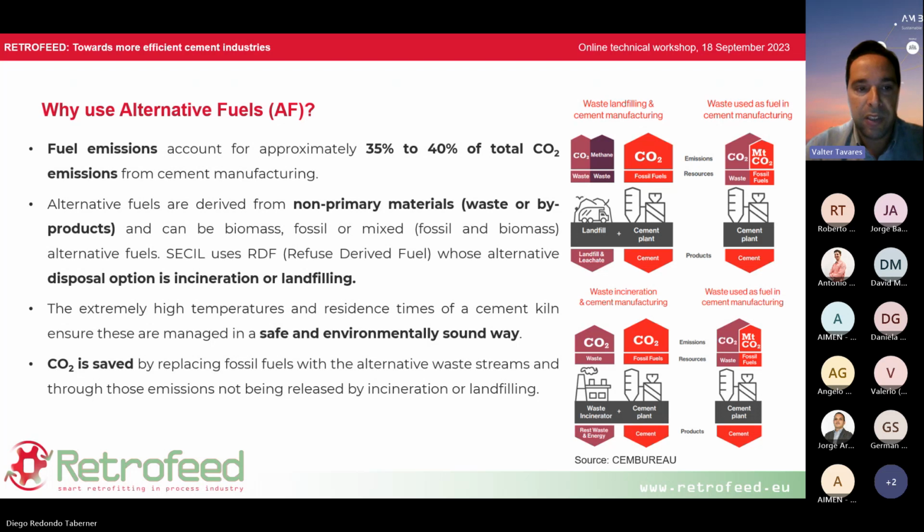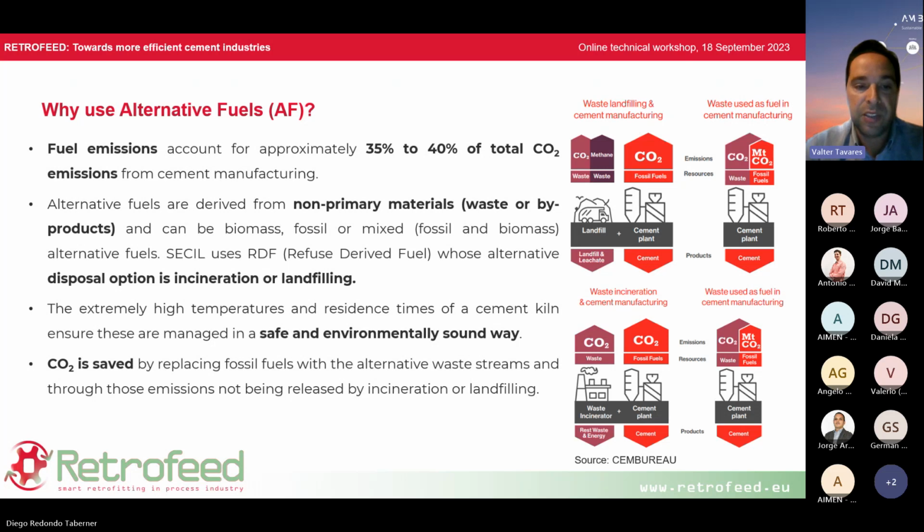CECIL uses mainly RDF, originating from municipal solid waste, whose alternative disposal option is incineration or landfilling. So it's important to understand that CO2 is saved by replacing fossil fuels with the alternative waste streams in the cement plant, but also through those emissions not being made by incineration or by methane emissions from landfill.